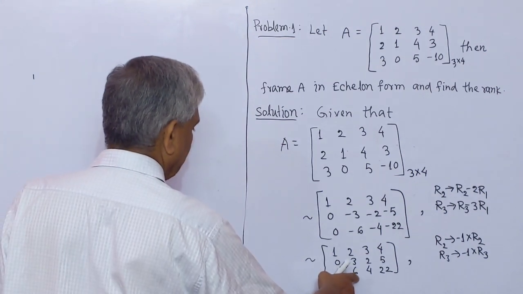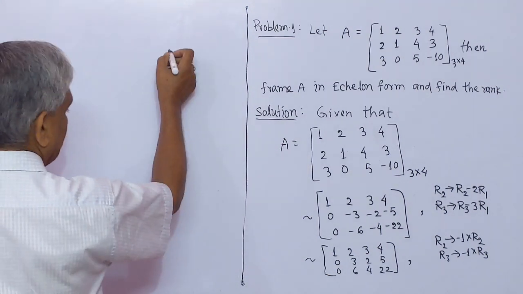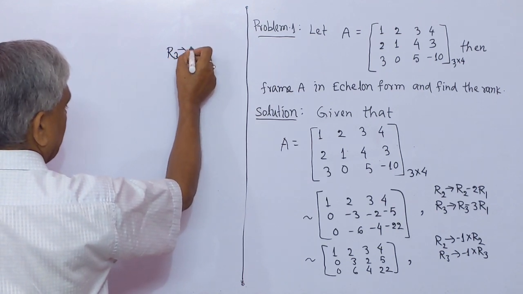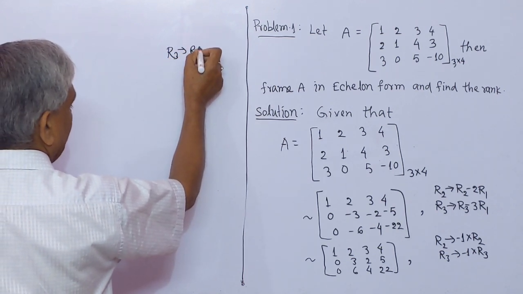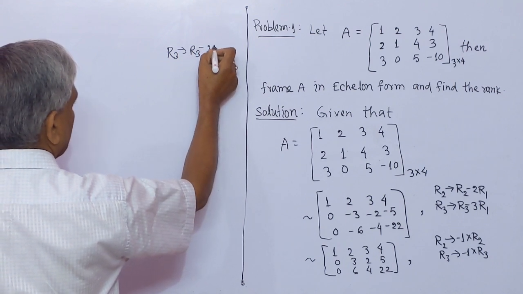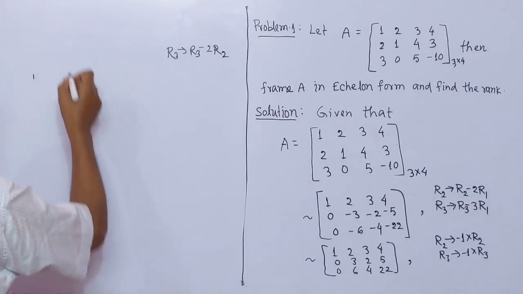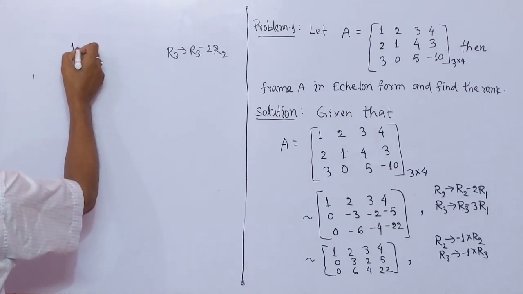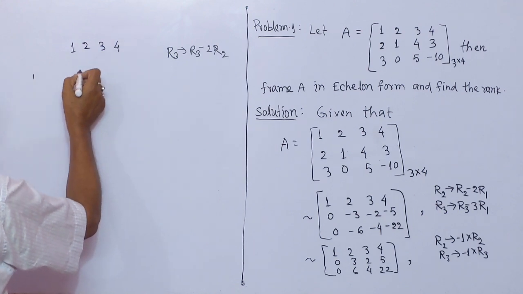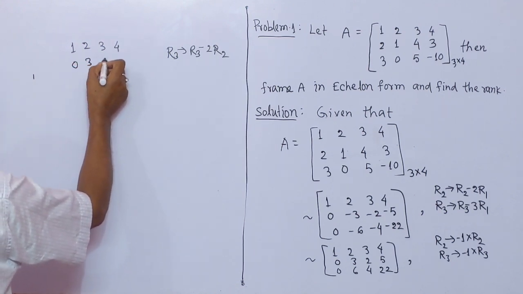Now we make here 0. So R3 in place of R3 minus 2 into R2. Here the first row remains the same, 1 2 3 4. The second row remains the same, 0 3 2 5.